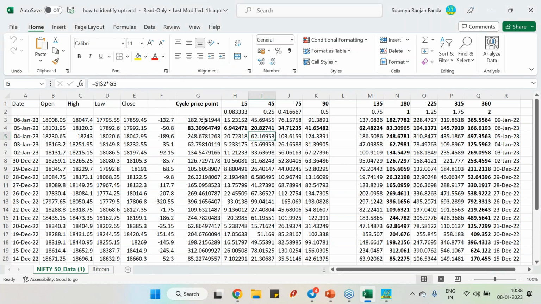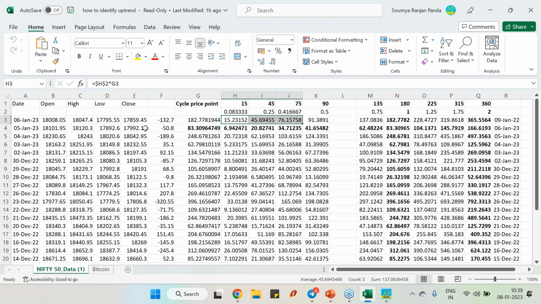So here we calculated the cycle price points, the absolute value with the 360 degree factor. Then we multiplied with the 15 degree factor, 45, 75, 90, 135 till 360. This will be valid for 9th. On 6th January it happened, 7th and 8th we do not have trading, Saturday and Sunday. So 9th this calculation will be valid.